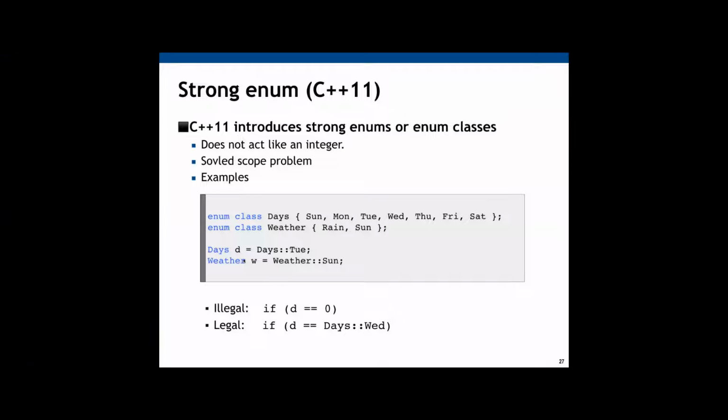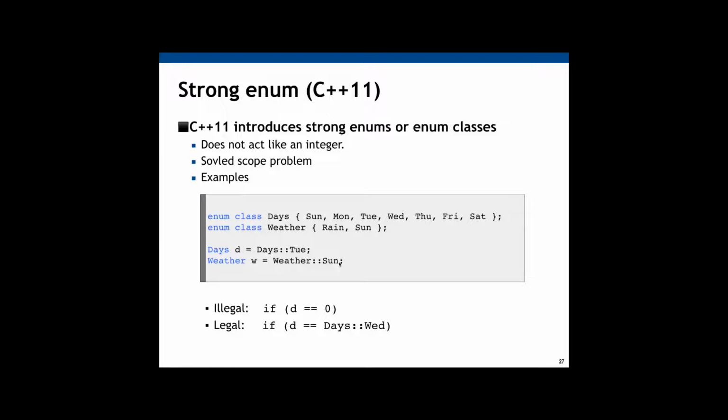So here, D stores this value, and the variable W of type weather enum is also a strong enum because of the class keyword.